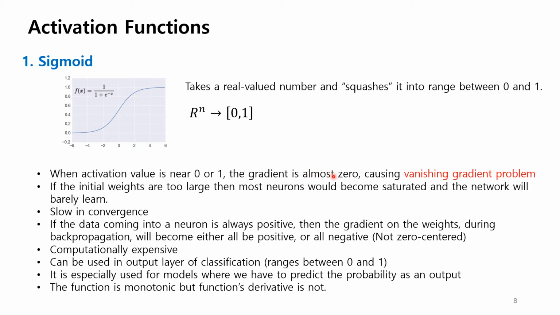You multiply many times, then at the end, the answer is pretty much 0. So nothing happens. That's the vanishing gradient problem. That's why these days we don't use the sigmoid function anymore, especially in deep learning. The main reason is that the sigmoid function causes the vanishing gradient problem.